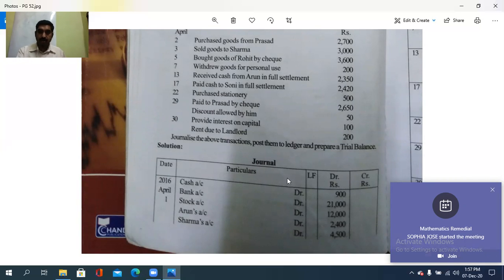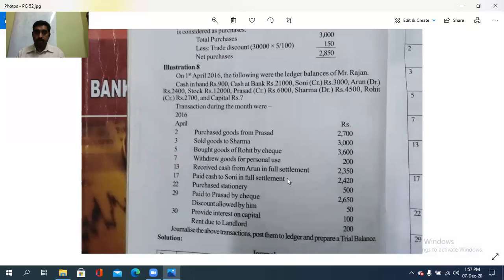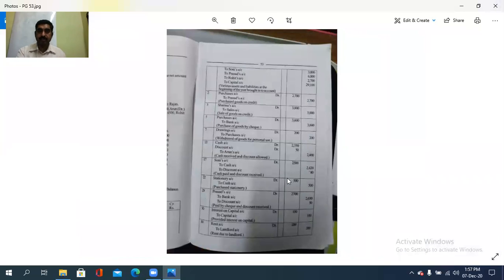And on the credit side, 3,000 is there, 6,000 is there, and 2,700. So 3 plus 6, 9, 9 plus 2, 11,700. So the balance will be 29,100.